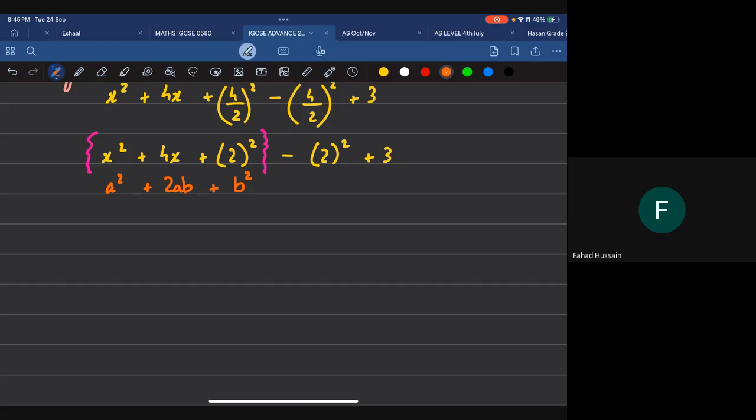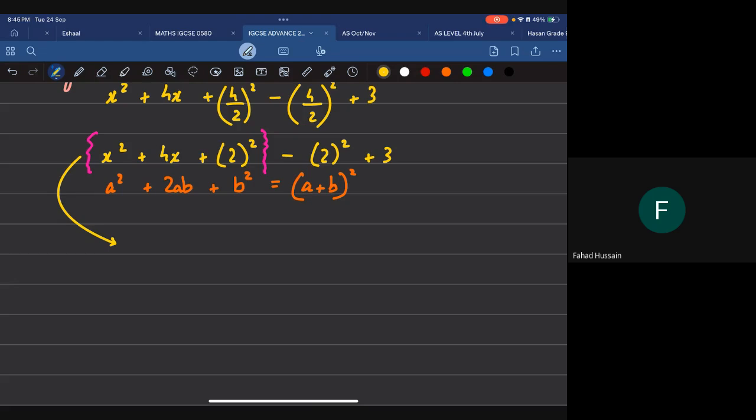Come on, quickly, tell me. This is equal to a plus b whole square. Yes, Basit, what am I going to get? Now you need to simplify this. Come on, guys, quickly, please.